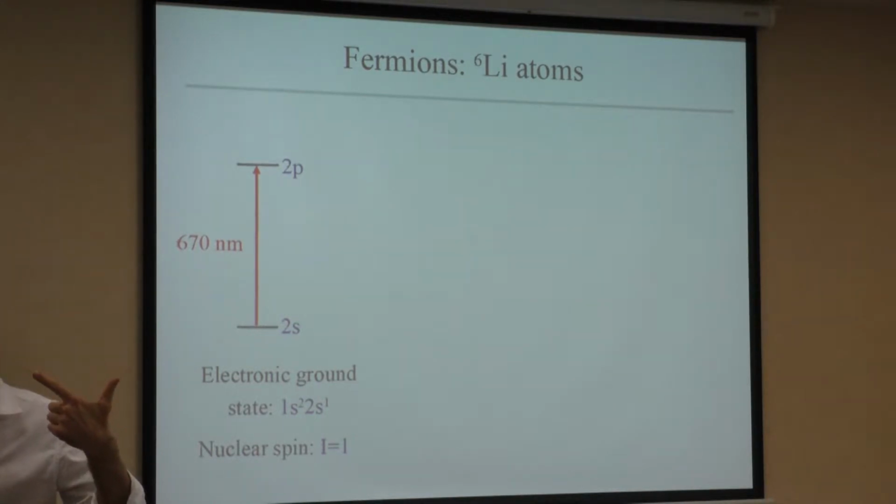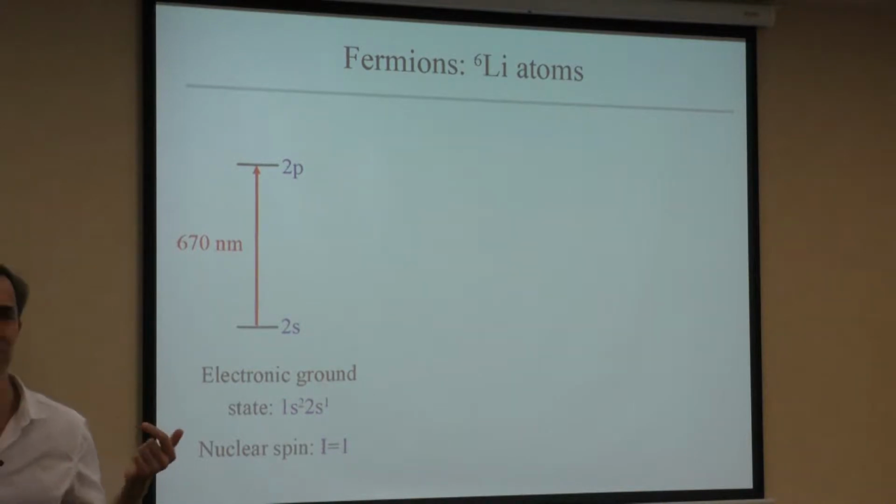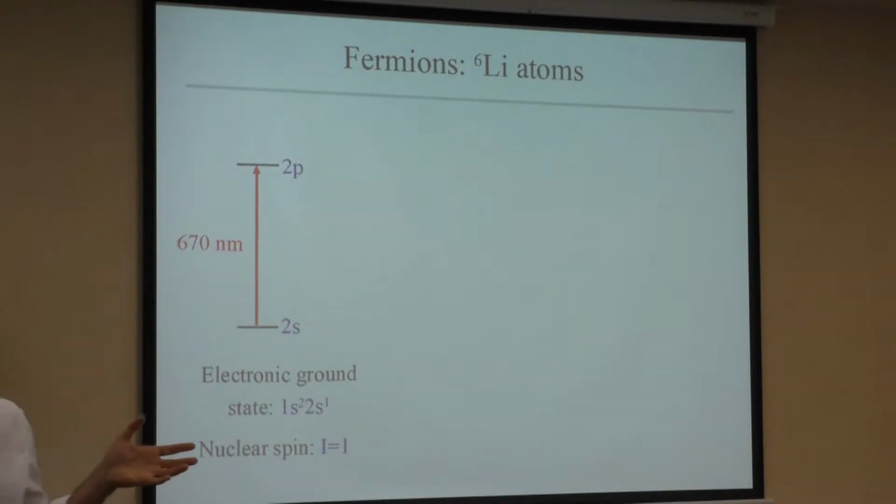The potassium isotope is potassium 40. It has nearly 0 natural abundance, I think either 0.1 or 0.01%, something like those numbers. Only lithium has a more or less appreciable abundance, like 7%.